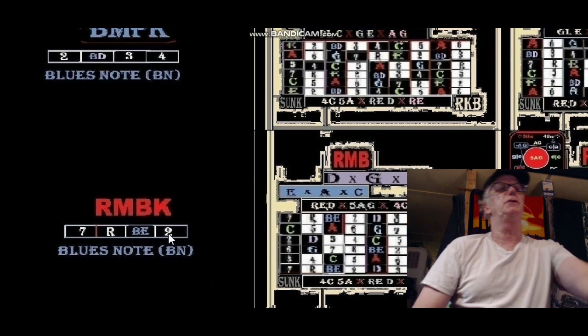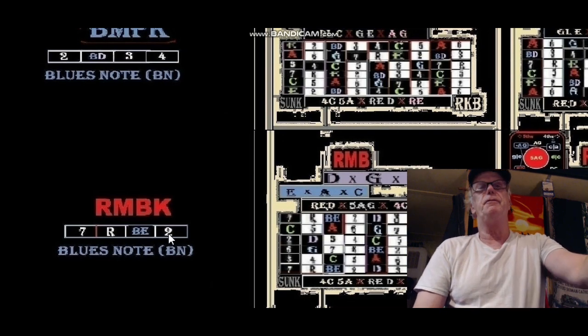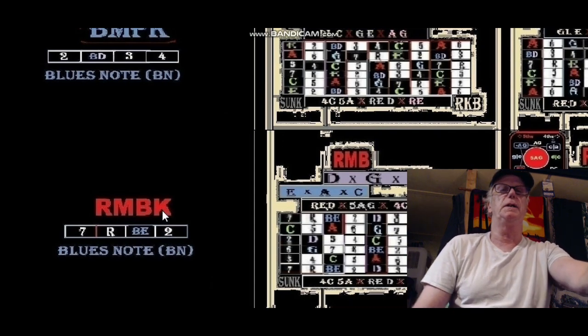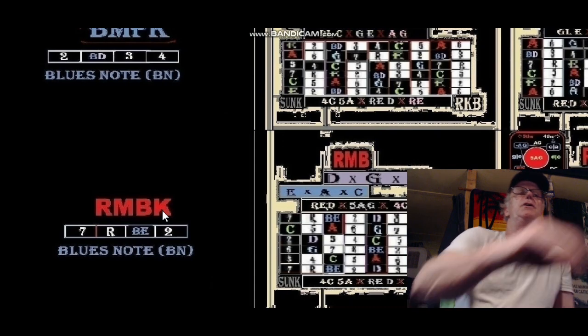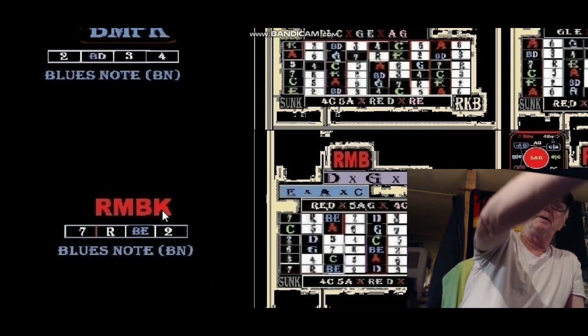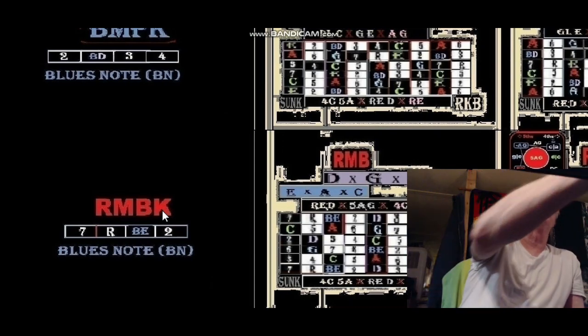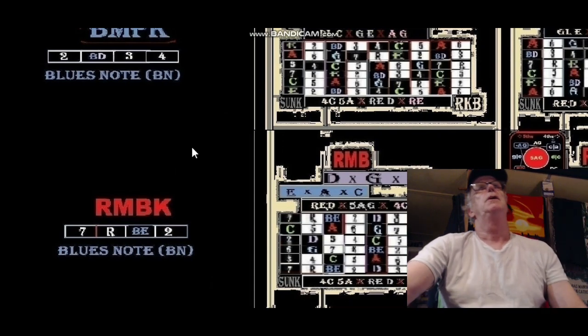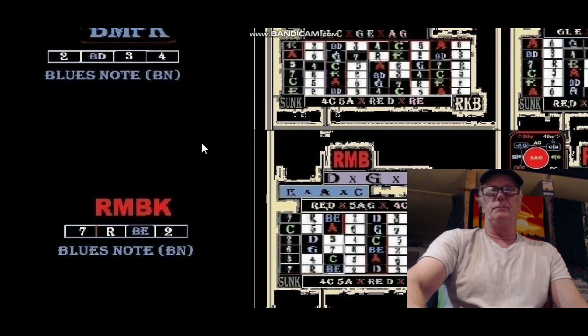Why is that? Because F is the fifth, is the root master, the RMBK for the Blues Magic key in B flat. So that same blues note occurs between the root and the 2. So right there, those three.